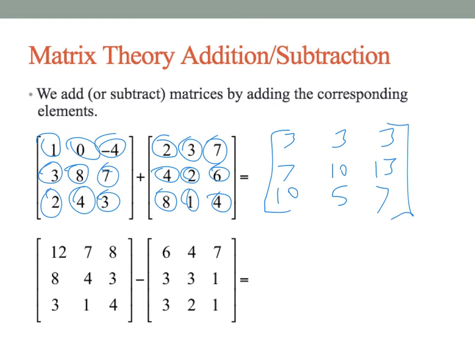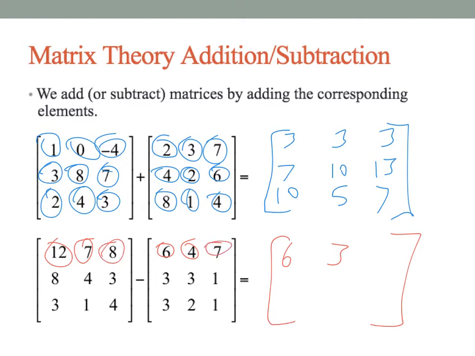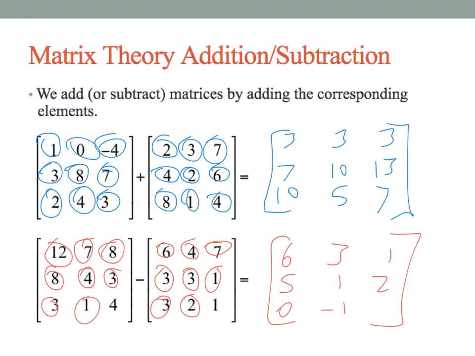In this one, we do 12 subtract 6, so that's going to be 6. 7 subtract 4 is 3, 8 subtract 7 is 1, 8 subtract 3 is 5, 4 minus 3 is 1, 3 minus 1 is 2, 3 minus 3 we're going to get 0, 1 minus 2 is negative 1, and then 4 minus 1 is 3. And that's it.